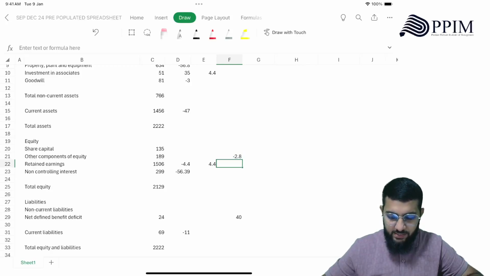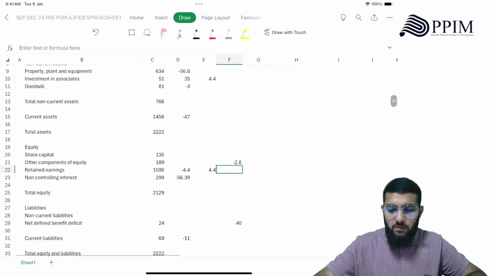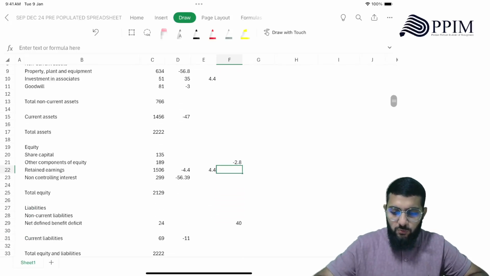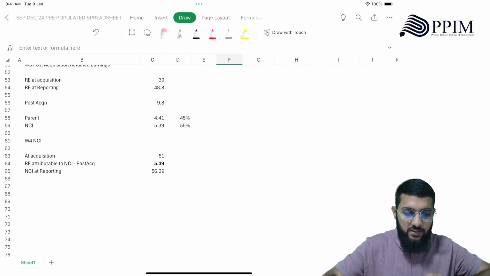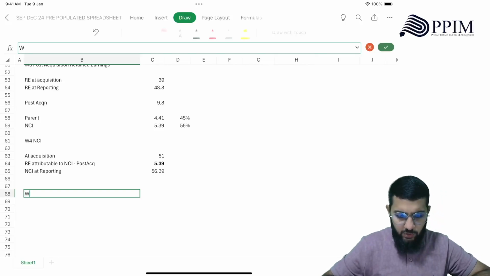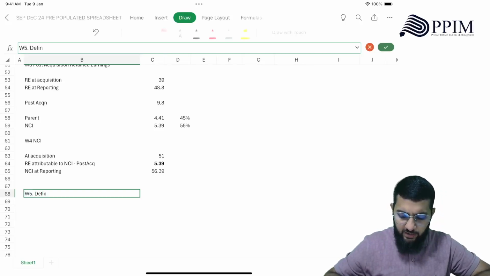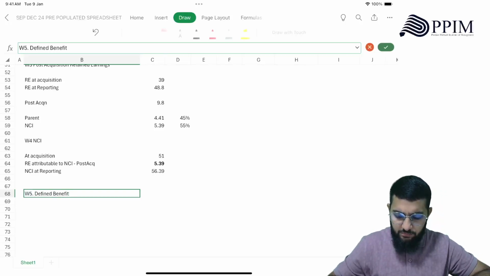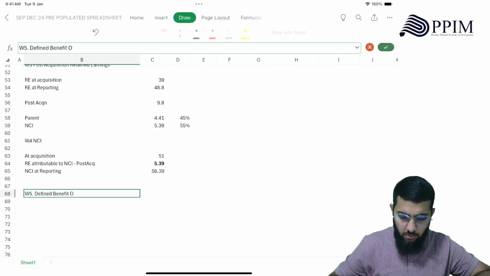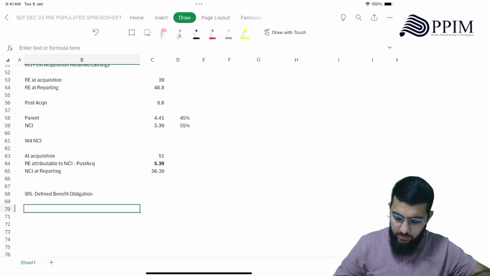So retained earnings. We'll do a separate working here. So that's clear. That makes things clearer. Working 5. Defined benefit obligation. Right?